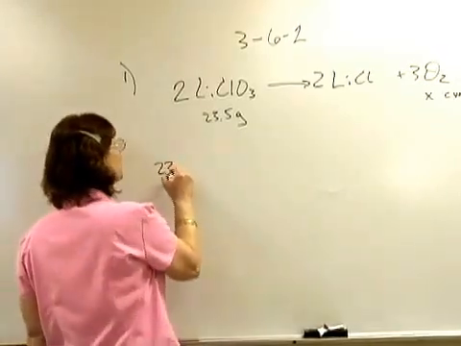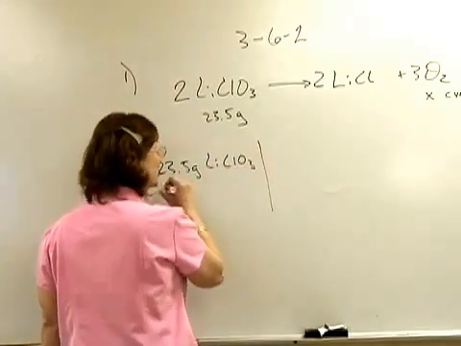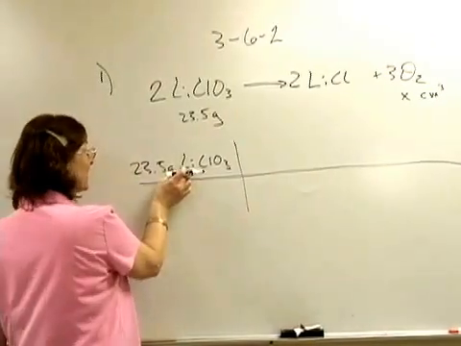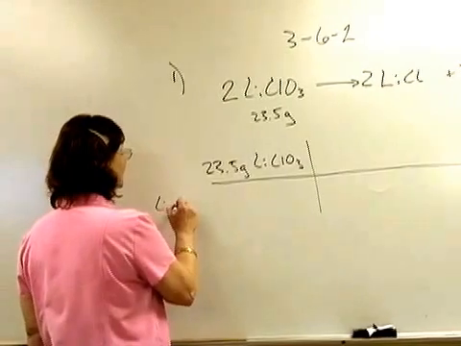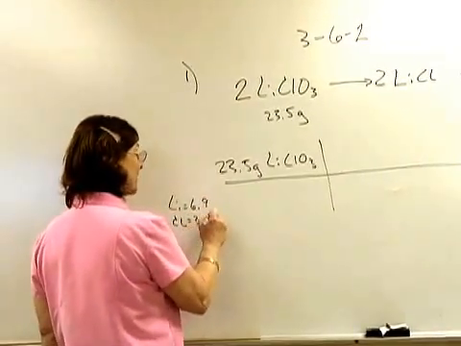Then I take my 23.5 grams of the lithium chlorate and change that to moles. Because I have grams, I need the AMU. Lithium is 6.9, and chlorine is 35.5.